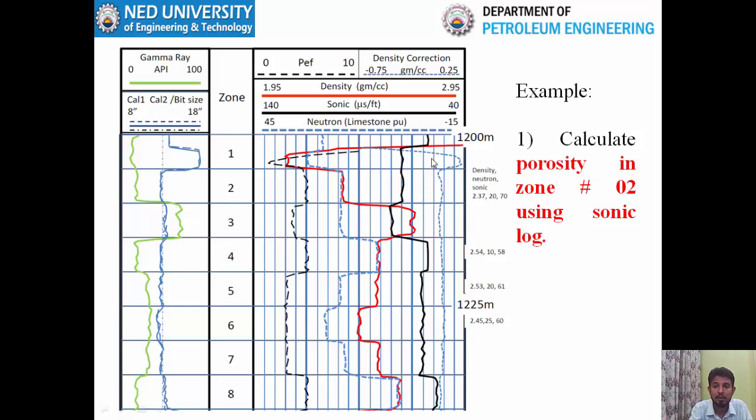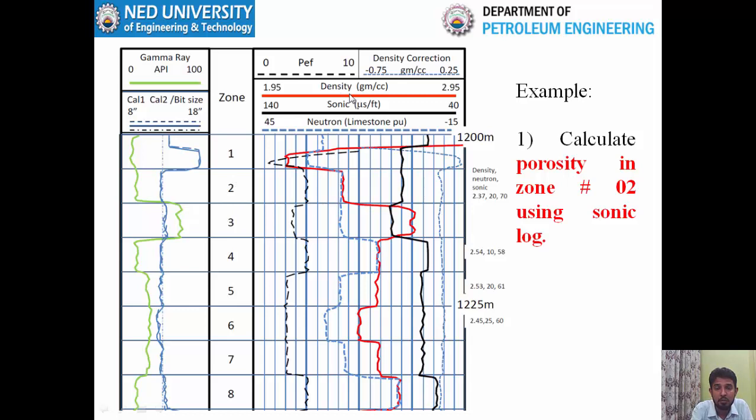So in this example, you have been asked to calculate porosity in zone number 2 using only the sonic log. We have done exercises where we have used the neutron and density logs to calculate porosity at a given zone. For the sonic log, first you should be able to read the delta T log value, and you also need to identify the lithology of zone number 2.